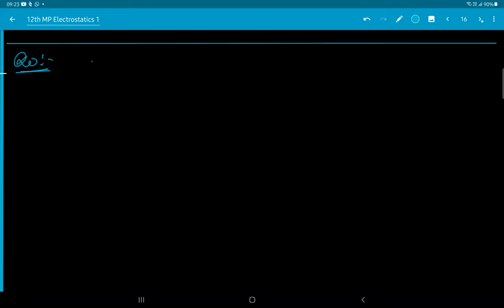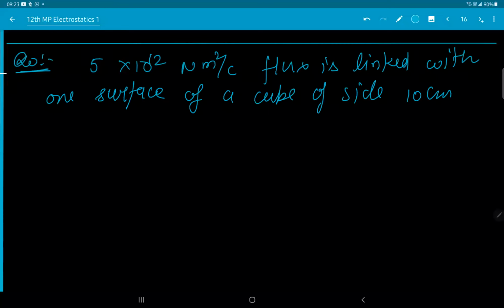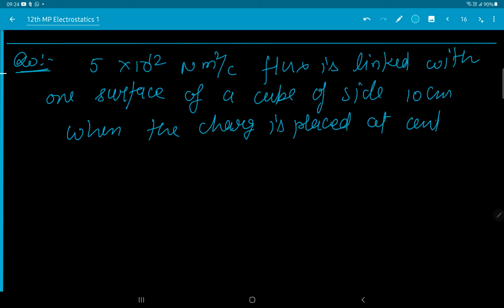5 into 10 to the power 12 Newton meter square per coulomb flux is linked with one surface of a cube of side 10 centimeter when the charge is placed at center of cube.